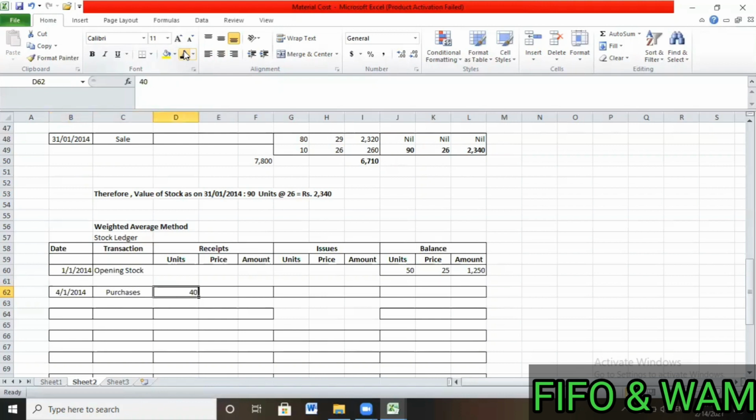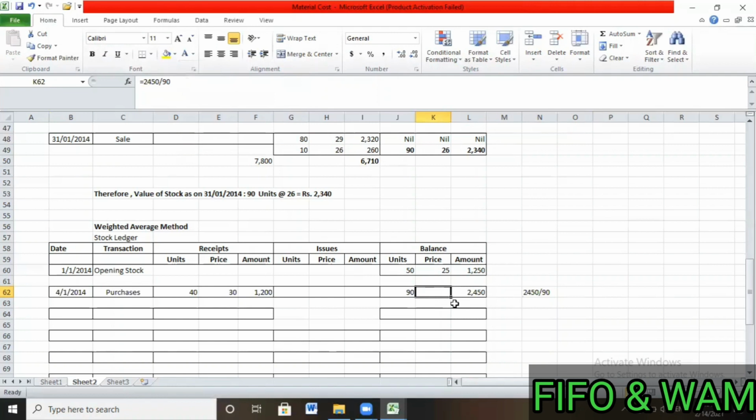Here the purchase is recorded the same as in FIFO on the receipt side, but in writing the balance, we will add this opening stock of 50 to this 40, and then it becomes 90 units. And look at this pricing, how you will get it.